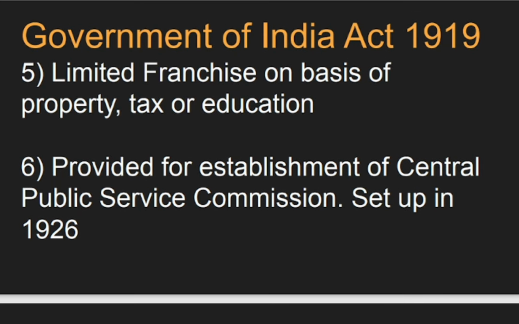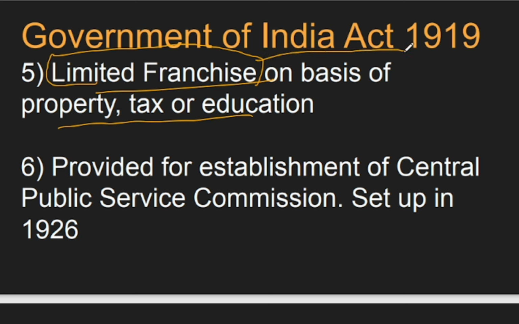Now, this act brought limited franchise on the basis of property, tax, or education. Exam questions can be asked like, through the Government of India Act of 1919, universal adult franchise came.